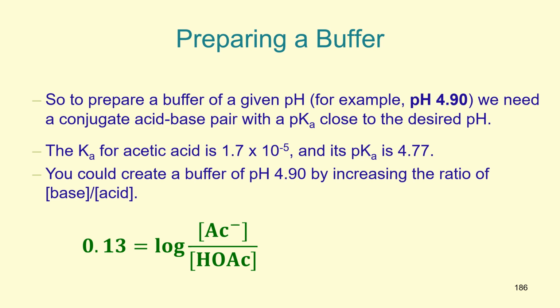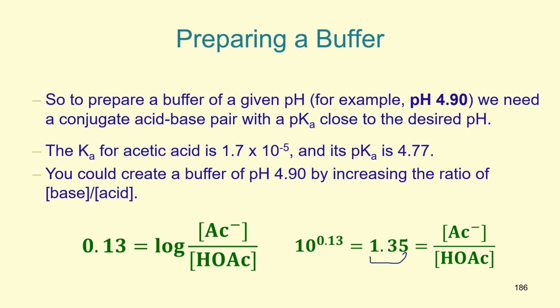If you take the inverse log of both sides, 10 raised to the 0.13 is 1.35. So basically you would need your concentration of acetate to be 1.35 times that of the acetic acid. If you made that 1 molar, you would make this 1.35 molar, or whatever ratio you wanted, but it should be 1.35 times as big.